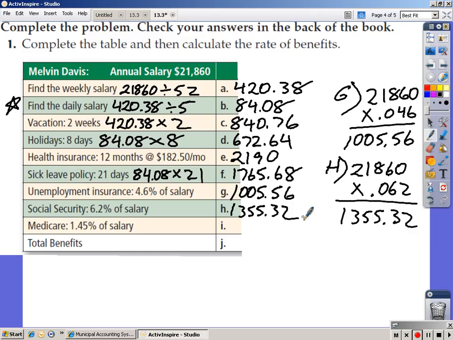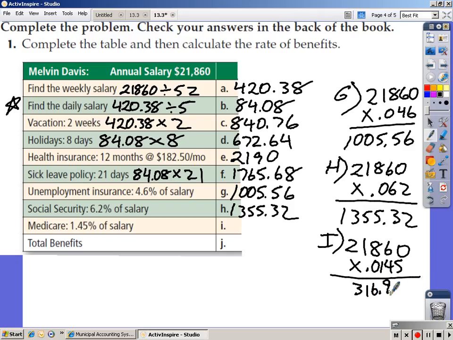And finally, part I wants us to find our Medicare. 21,860 times the percent, 0.0145, gives us 316.97.